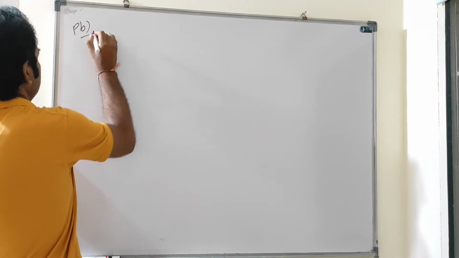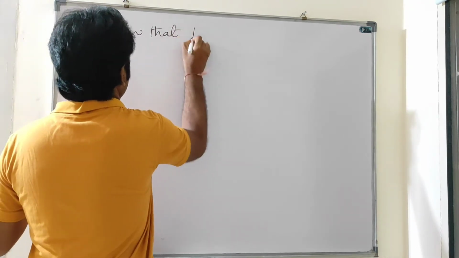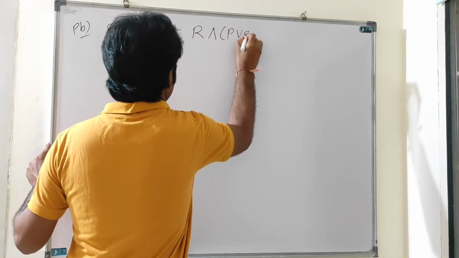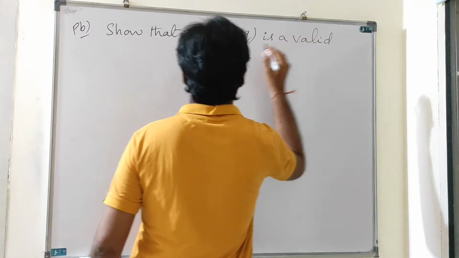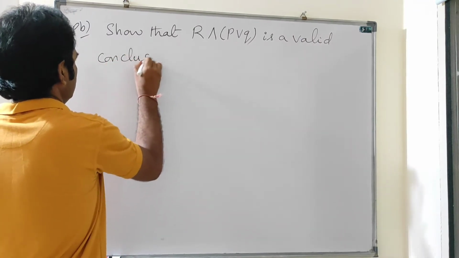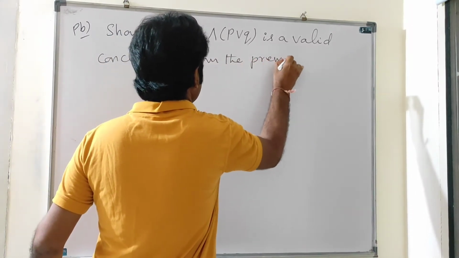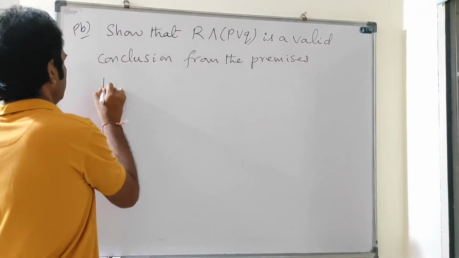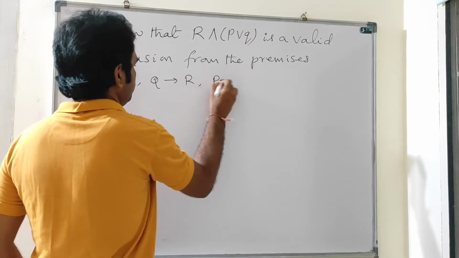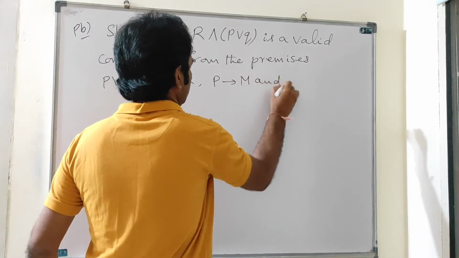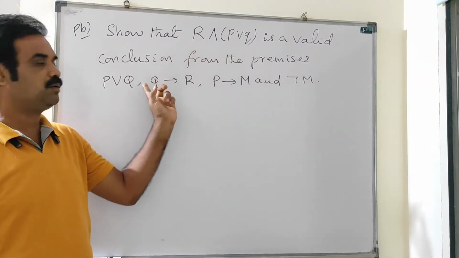See the problem. Show that R and P or Q is a valid conclusion from the premises P or Q, Q implies R, P implies M and negation M. R and P or Q is a valid conclusion from these premises.